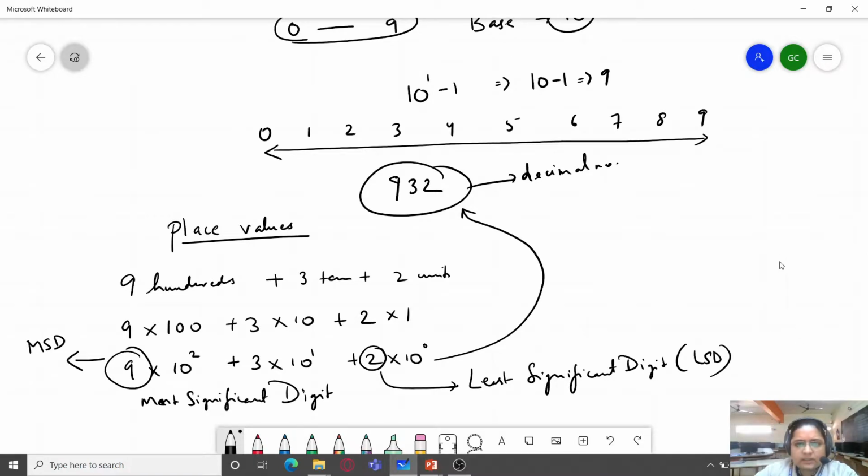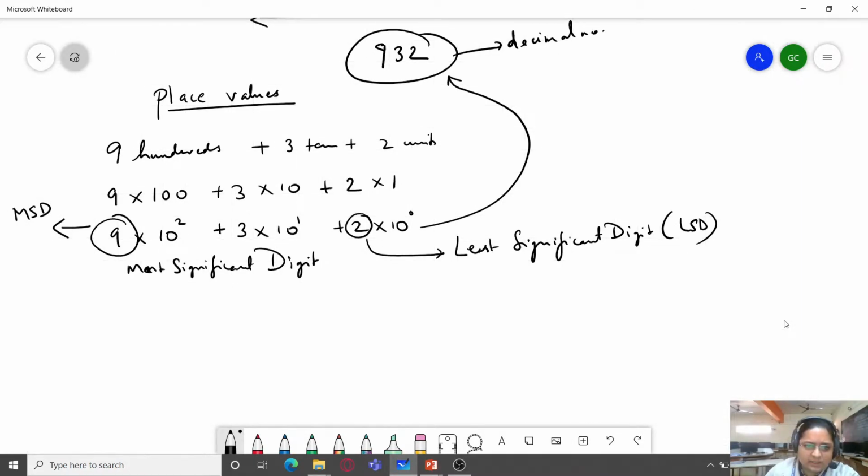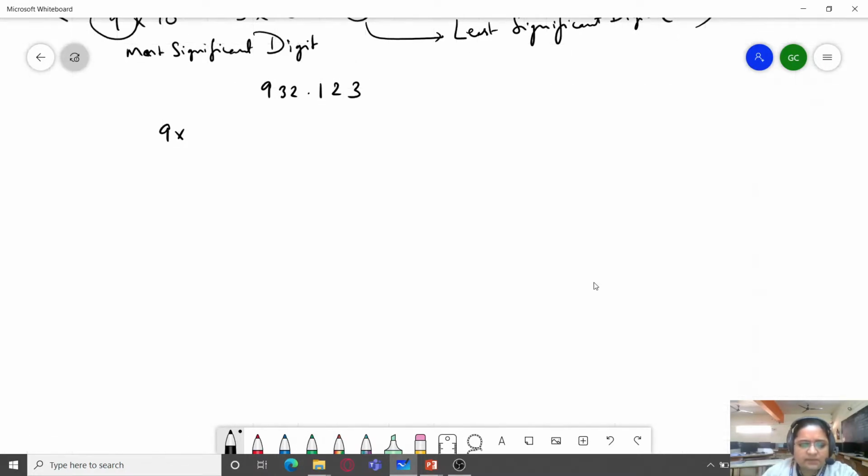So these are place values. Every decimal number is represented by its place value, number of hundreds, number of tens, and number of units. Suppose we have a number like this, how do you think it is going to be represented? It would be represented like this, 9 raised to the power. So we will first figure out the place values.